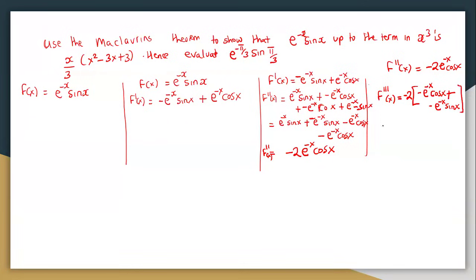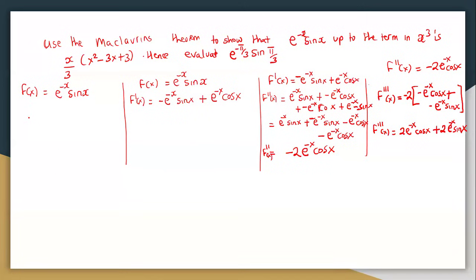Then we allow the 2 to enter now. Then we have 2e to the power negative x cos x plus 2e to the power negative x sine x. Okay, good.